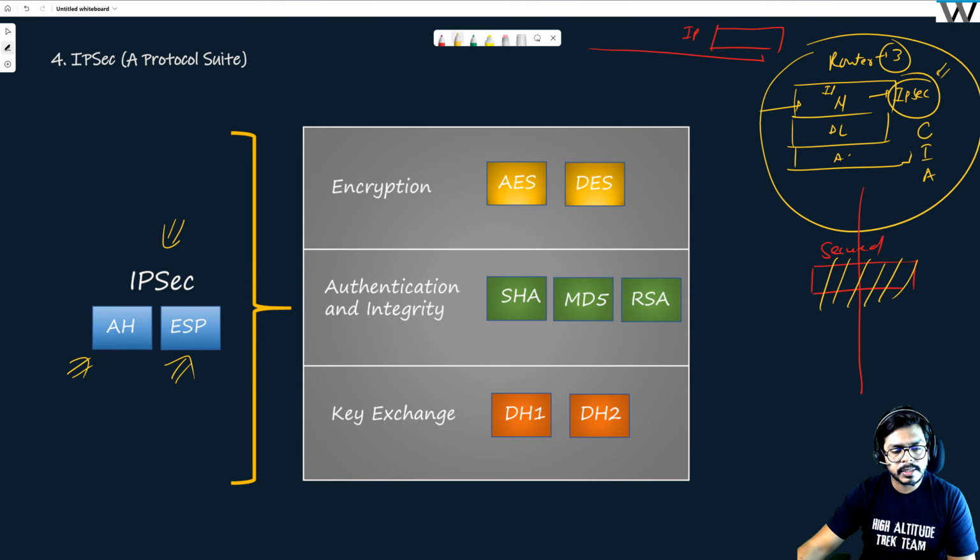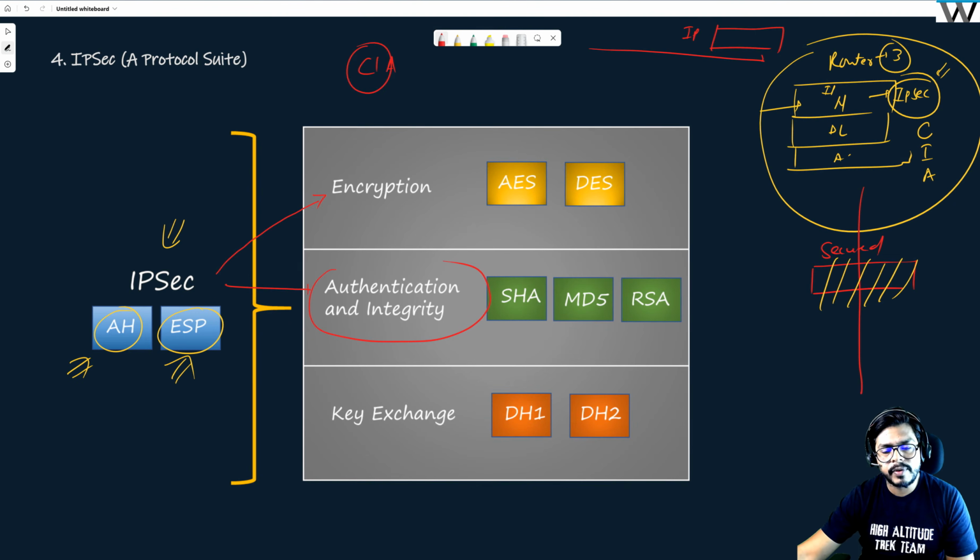So IPsec works with two modes: one is Authentication Header, another is ESP. But the end point is that it is going to provide you three things: encryption, which is your confidentiality; integrity; and authentication. It means that CIA is done.